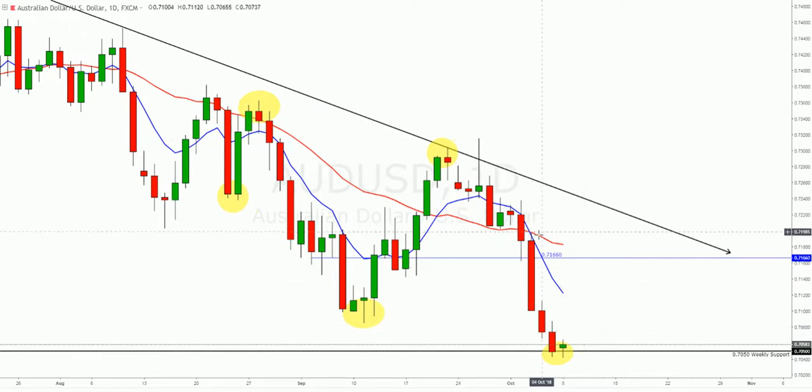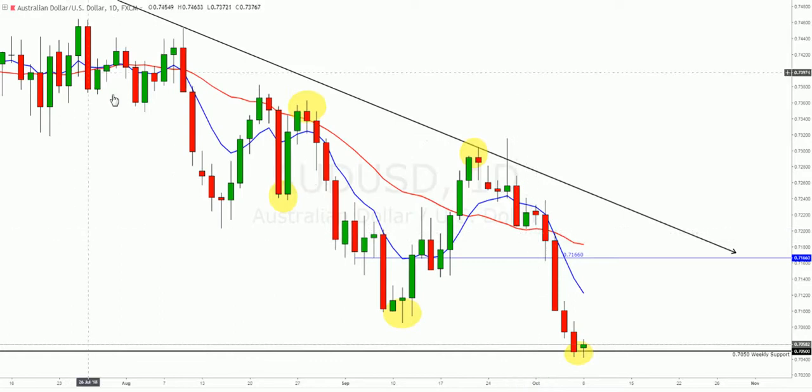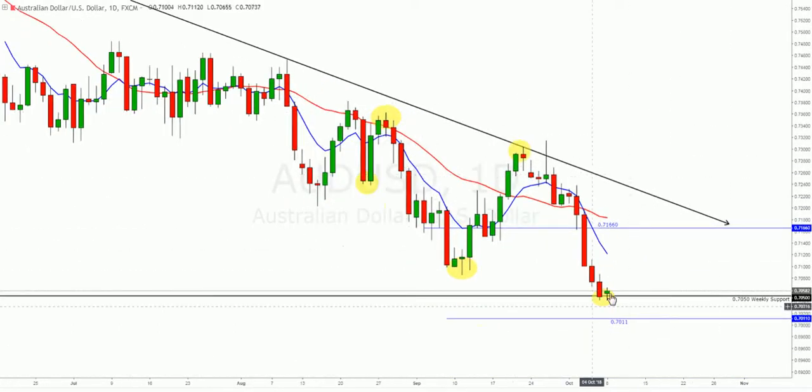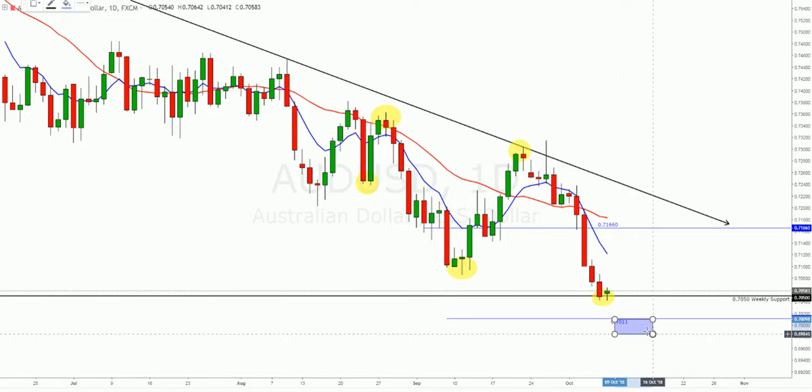But other than that, we've had a moving average crossover, looking very bearish currently, and I do have that 0.7010 plotted as support, which is obviously just above that region that we just specified, which was the 6990.